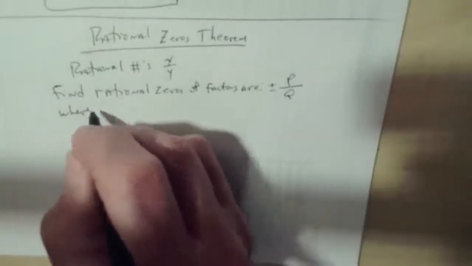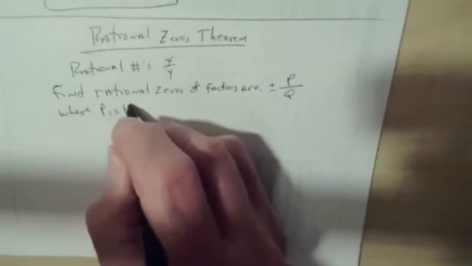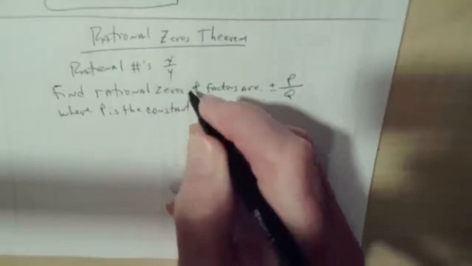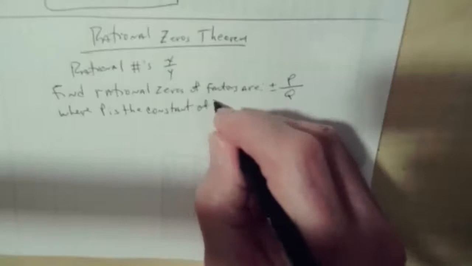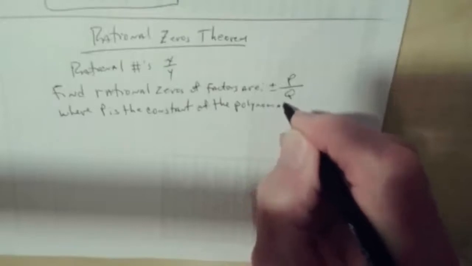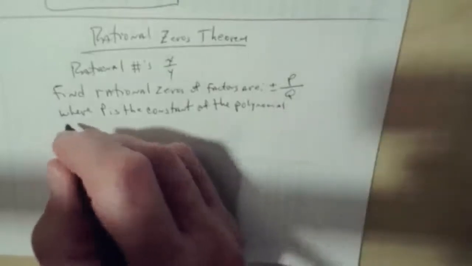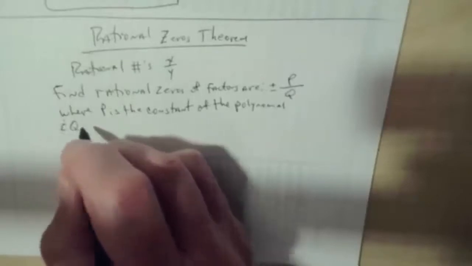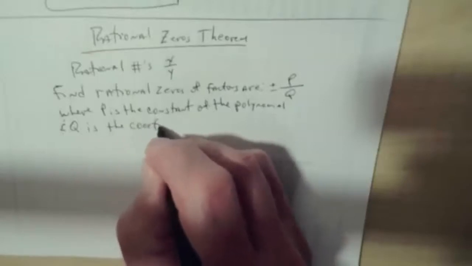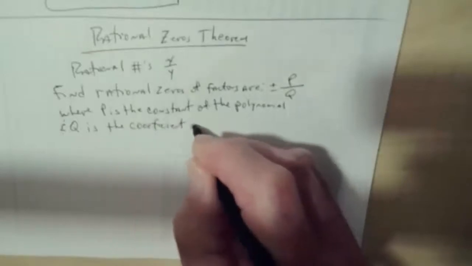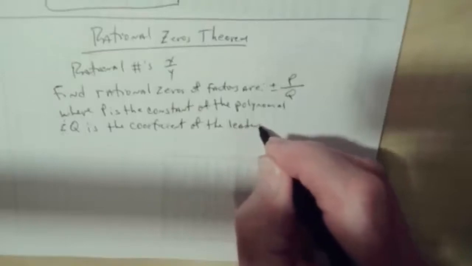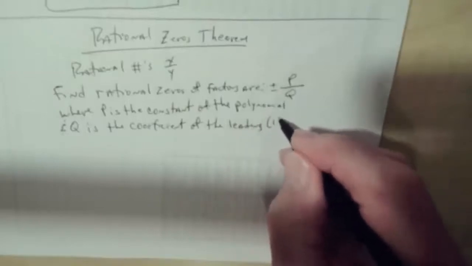Where P is the constant of the polynomial, and Q is the coefficient of the leading, or you can say the first term.